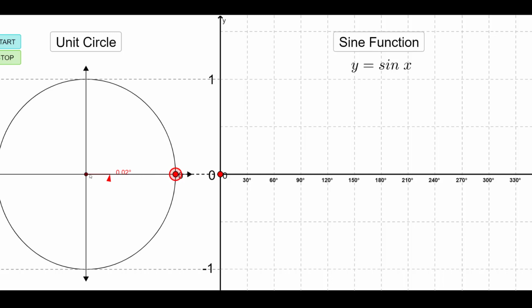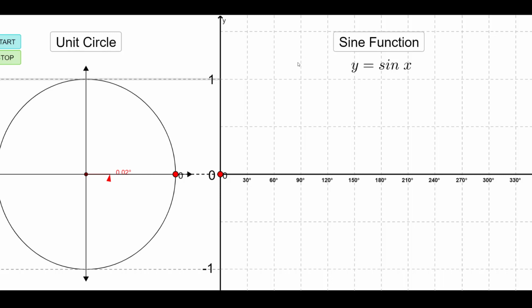It means with the center and position here, the length of its radius is 1. Counting measure from the center of the circle to this point, that is 1 unit. Or similarly, the distance from the center of the circle to the top position here is 1 unit. That is the reason why it is called the unit circle.